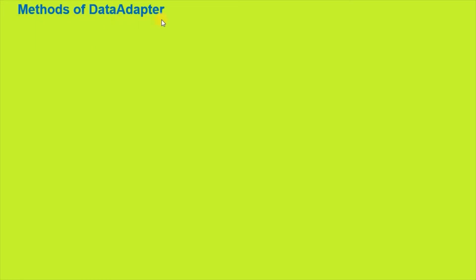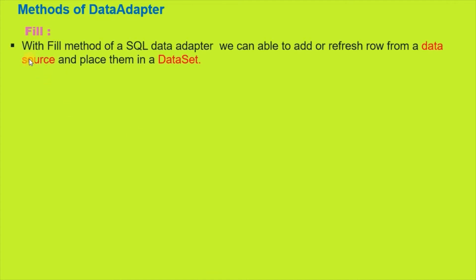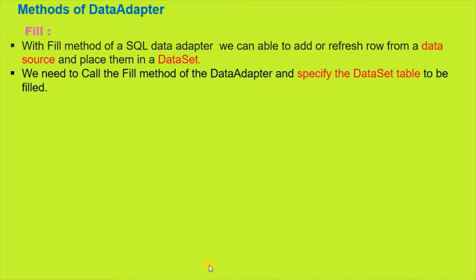Methods of DataAdapter. Fill method. With fill method of a SQL data adapter, we can add or refresh rows from a data source and place them in a data set. For that, we need to call the fill method of the data adapter and specify the dataset table to be filled.